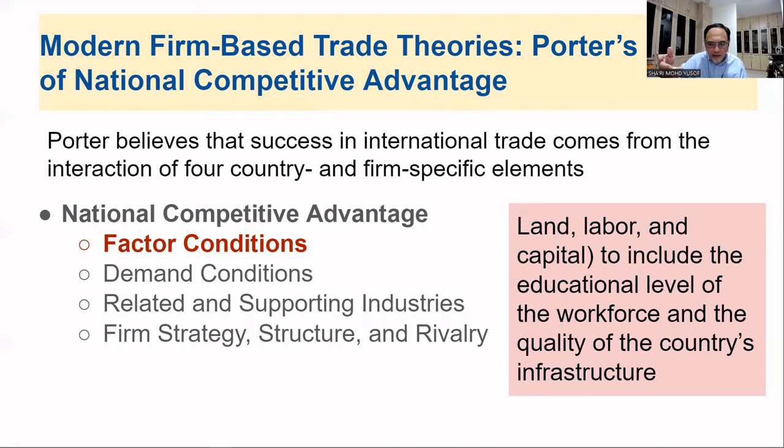Can you create a high-tech educational level? You can, because of human beings. Japan doesn't have much land. They don't have abundant land, so they cannot rear, what do you call, sheep or cows. They don't have labor also, right? So national competitive advantage, number 1, is factor conditions.